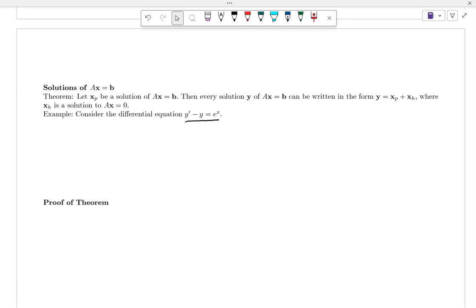If I make the associated homogeneous equation and write this down as y prime minus y equals 0, that's the associated homogeneous equation. Or rewrite it as y prime equals y. From a Calc 1 sense, what is that equation asking you?